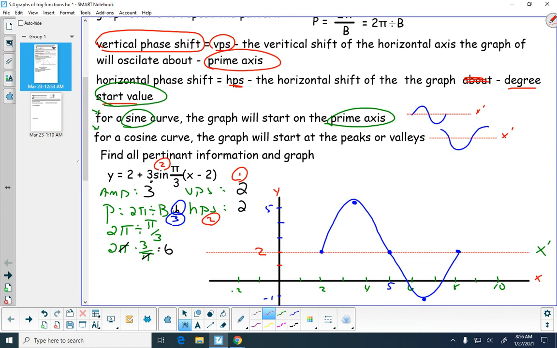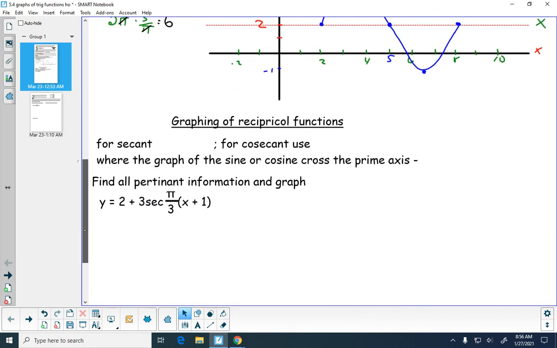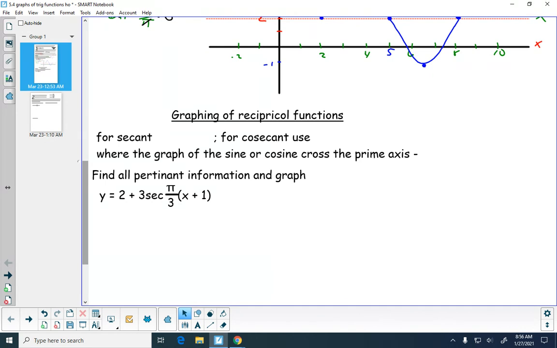So if I draw on my prime axis, our cosine will look like a U. Our sine will look like a roller coaster. Once again, the hope is that as I start hitting my cues in regards to my graphs, there's some recall that you have in regards to how we graphed our functions.